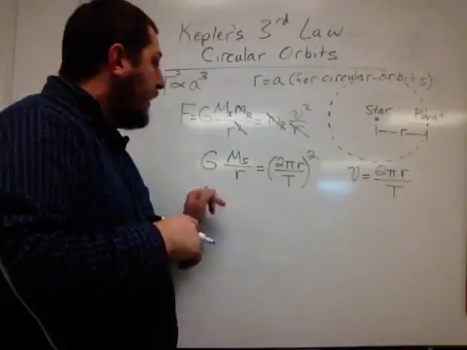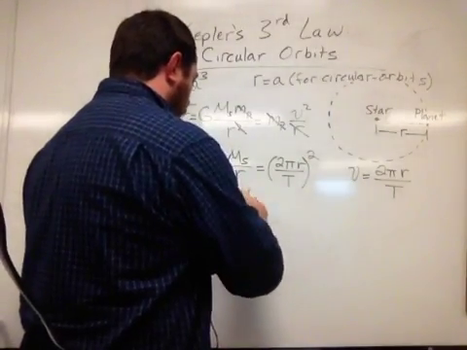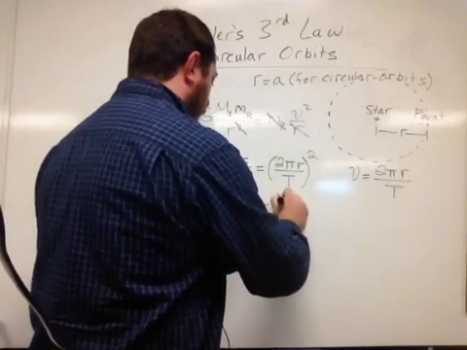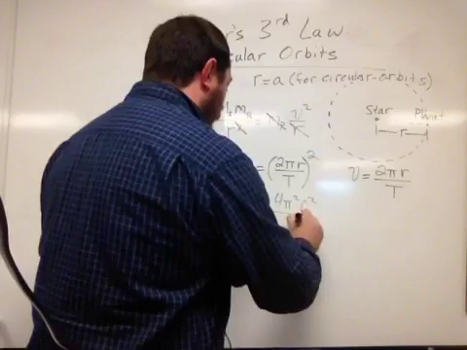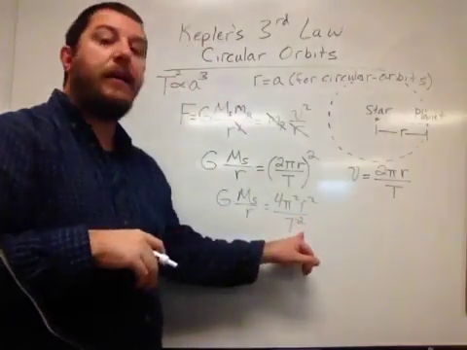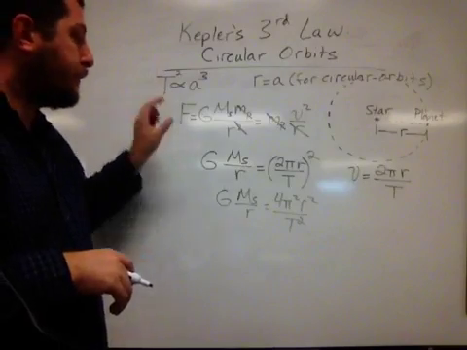So when I rearrange this, well, the good news is this gives me my T squared, so I have one of my variables.